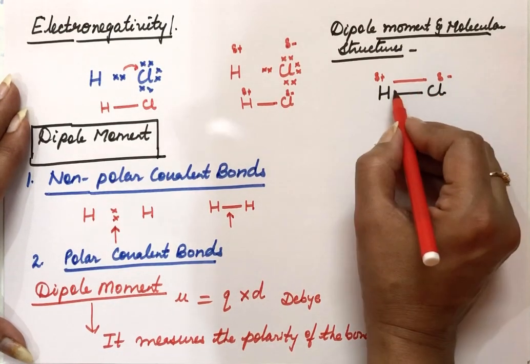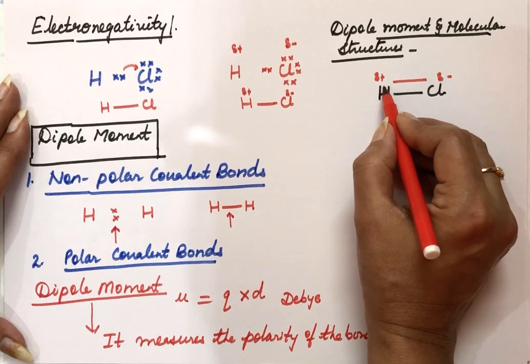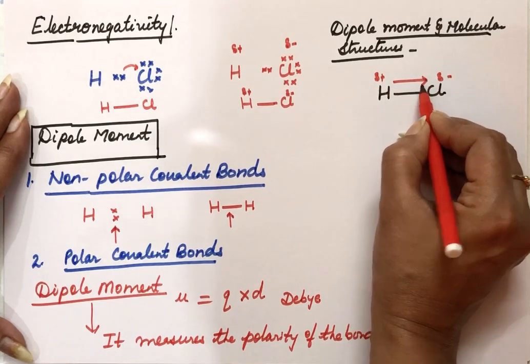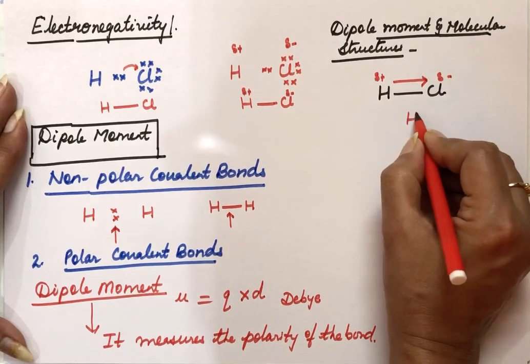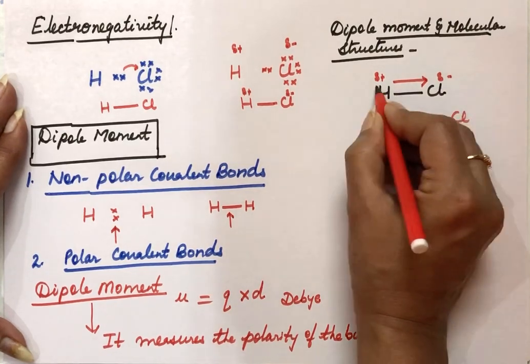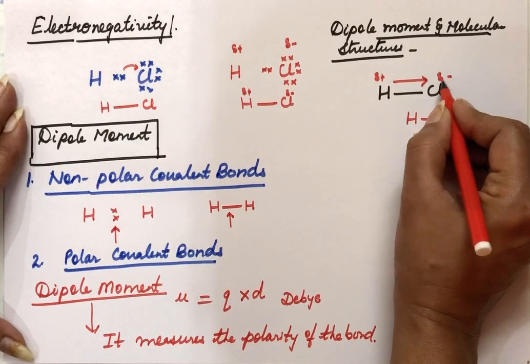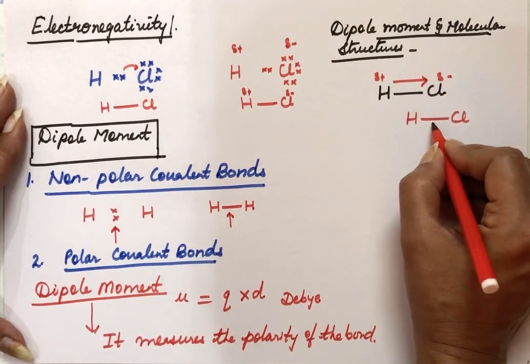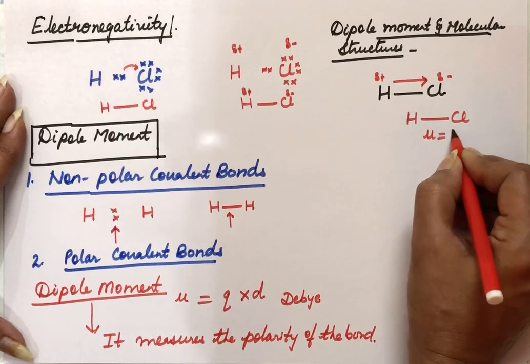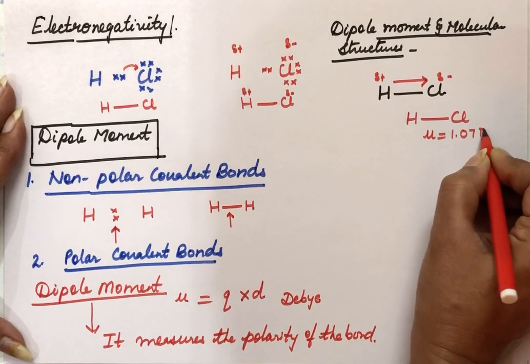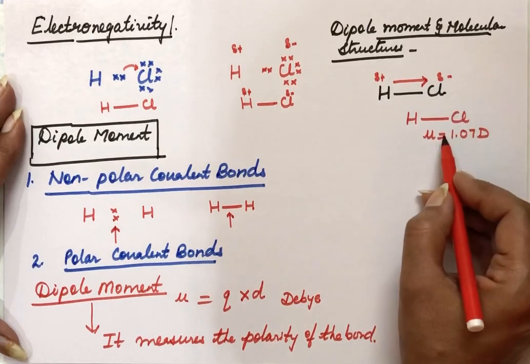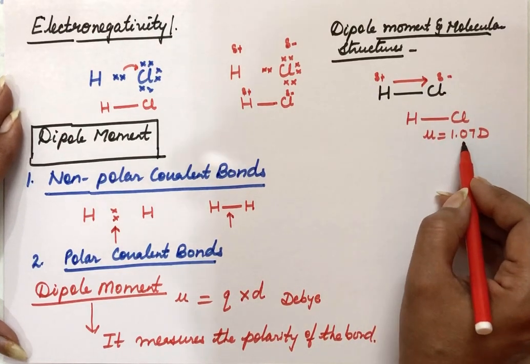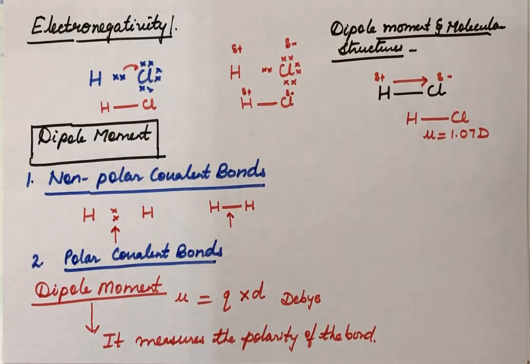It is depicted by a small arrow with the tail on the positive center and the head pointing towards the negative center. So for example, the dipole moment of HCl here, we are representing using this arrow, and the dipole moment value of this bond is 1.07 D. Since this is polar in nature, the polarity we measure using the dipole moment, and that value is 1.07 D. That means HCl is polar in nature.